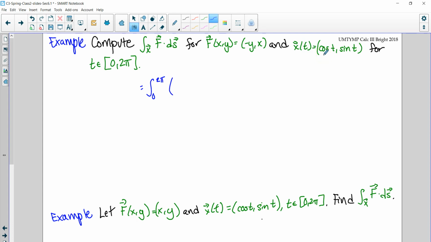So I end up with negative sine t, comma, cosine t, and then the derivative of the path. I dot that with this, so negative sine of t, cosine of t. Hey, look, this is working out quite nicely because I just get the integral from 0 to 2 pi of 1 dt, which is just 2 pi.